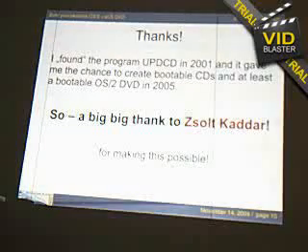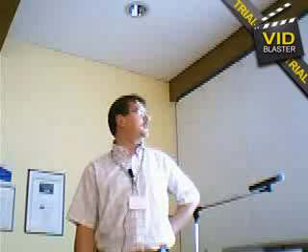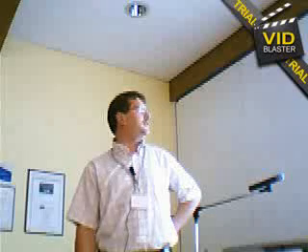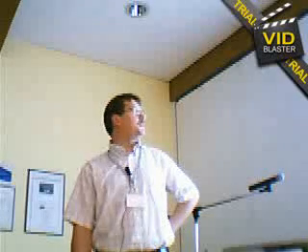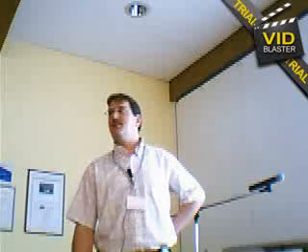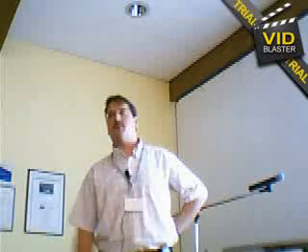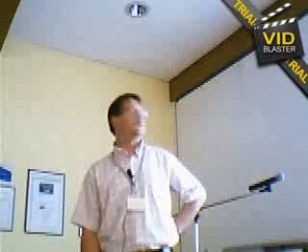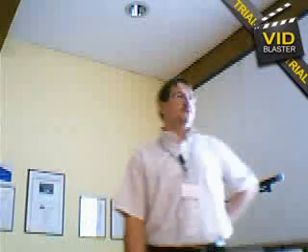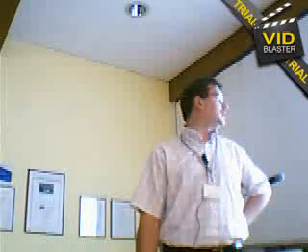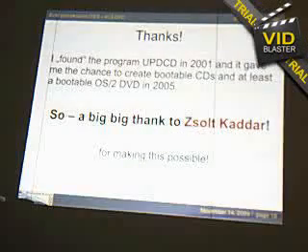It was written by Zsolt Kadar, a Hungarian programmer, and in the end, in 2005, it led me to the possibility to create an installable OS2 DVD, with all the applications I want to have on it, all the drivers, without using floppy disks and so on. It was really a nice time to work with Zsolt together.